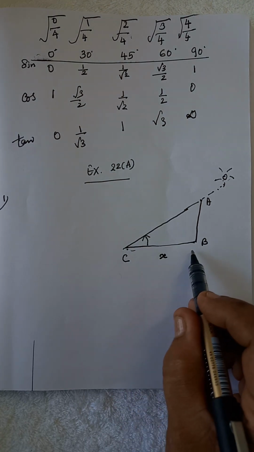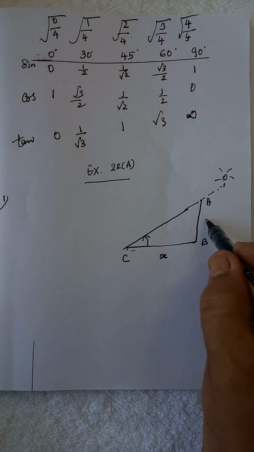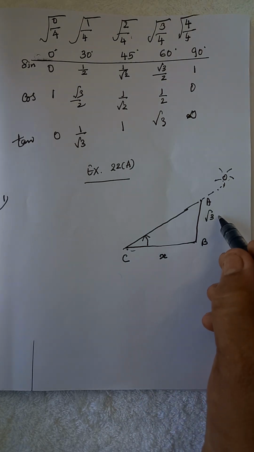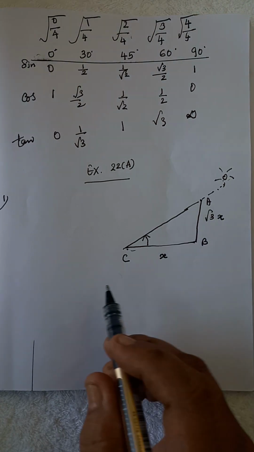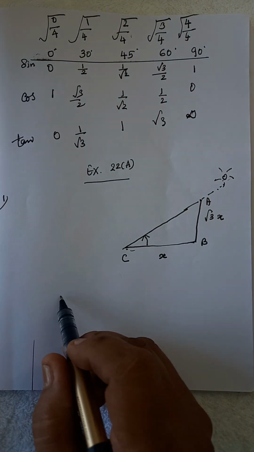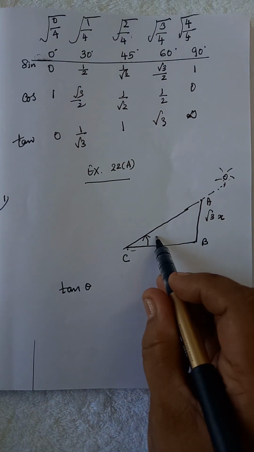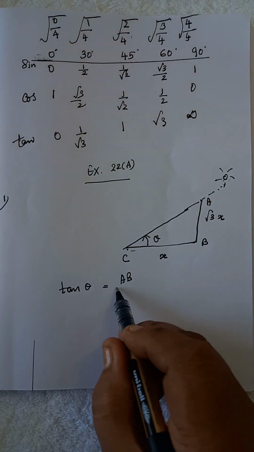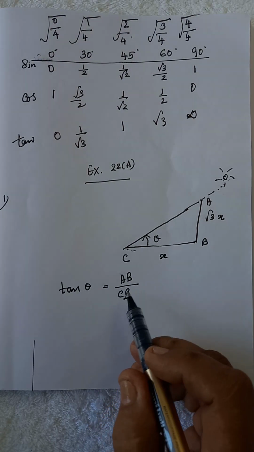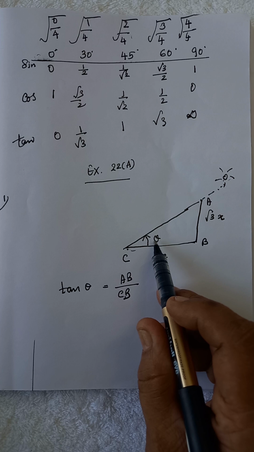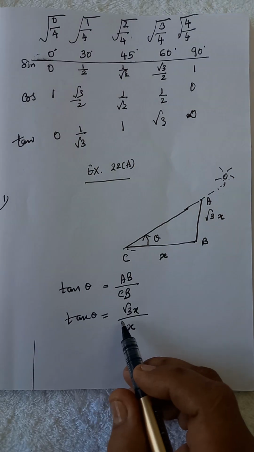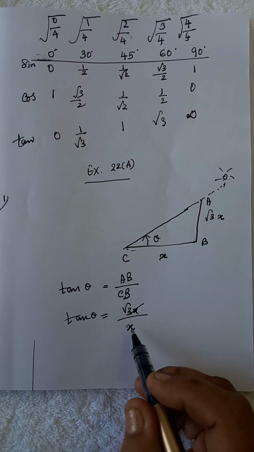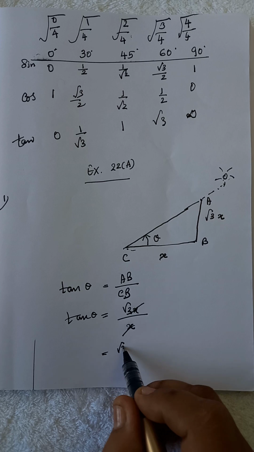Here the length of the shadow, let this be x. Then what will be the height of the tree? Root 3 x, that is given. Then what is tan theta? If this is theta, that is opposite side by adjacent side, CB. We have to find out the angle of elevation of the sun. Tan theta is root 3x by x. X and x we can cancel, so root 3.